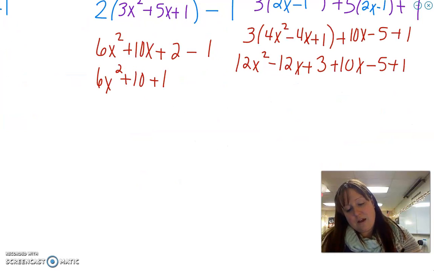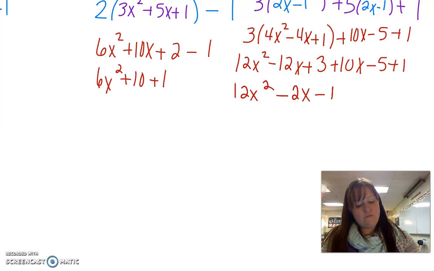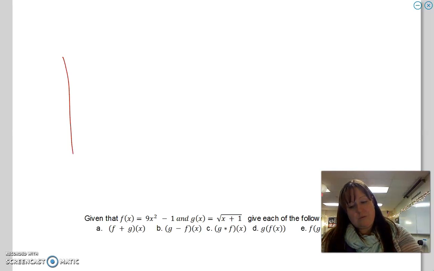And then we're going to combine things that are the same. So our 12x squared doesn't have any friends, but our negative 12x and positive 10x gives us negative 2x. And then 3 plus 1 is 4, minus 5 is negative 1. So there you go. All right, let's do some more function operations.